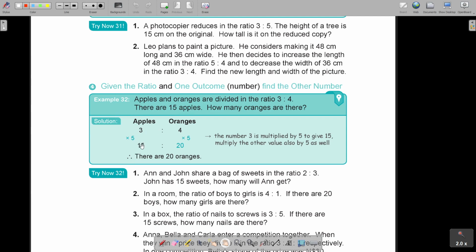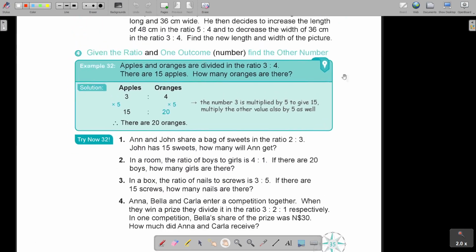So you write it under the apples. Then you see with what did they multiply that 3 to go to 15? 5, because 15 divided by 3 is 5. If you multiply that side with 5, you must also multiply that side with 5. And then you get 20 oranges. And that was on page 35, the one in the textbook that would have helped you.